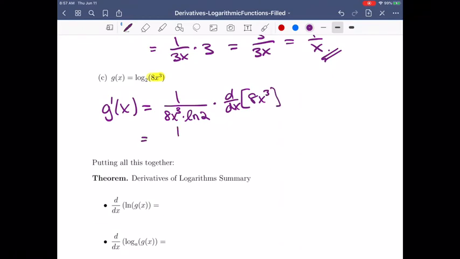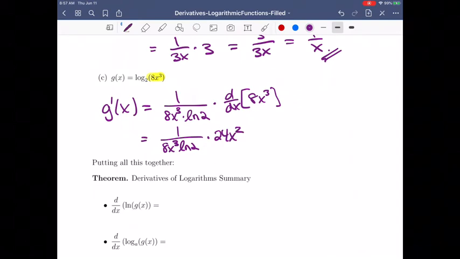So this is going to be 1 over 8x cubed ln 2 times 24x squared. And now we can cancel. The 8 is going to turn that into a 3, and the x squared can cancel with 2 of those. So I'm going to get 3 over x ln 2 as my final derivative.